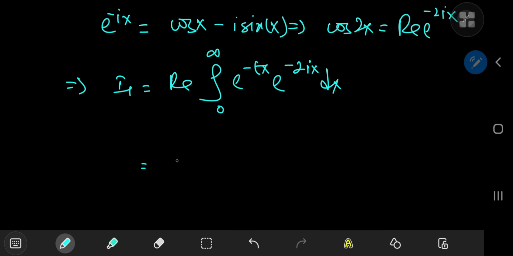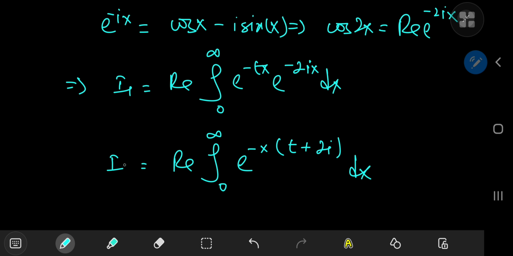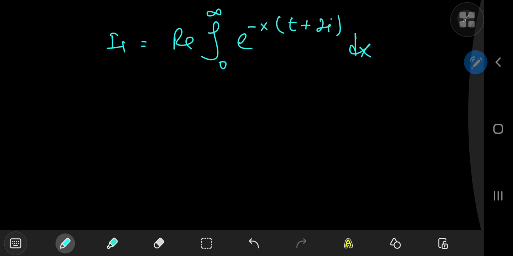And multiplying out the two exponential functions gives me the real part of the integral from 0 to infinity of e to the negative x times (t plus 2i). There you have a plus sign between the numbers in the argument here. That seems nice. The simple pleasures of the casual integral lover.